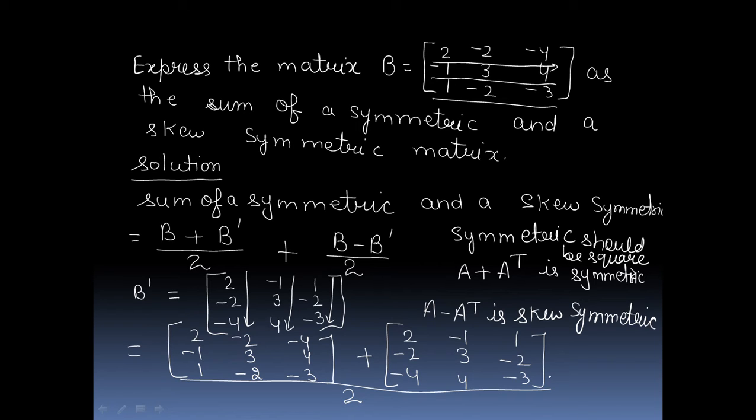Now after solving this, we get 2 plus 2 is 4, minus 2 minus 1 is minus 3, minus 4 plus 1 is minus 3, and so on, with 6 as the last value. Now you can divide by 2.